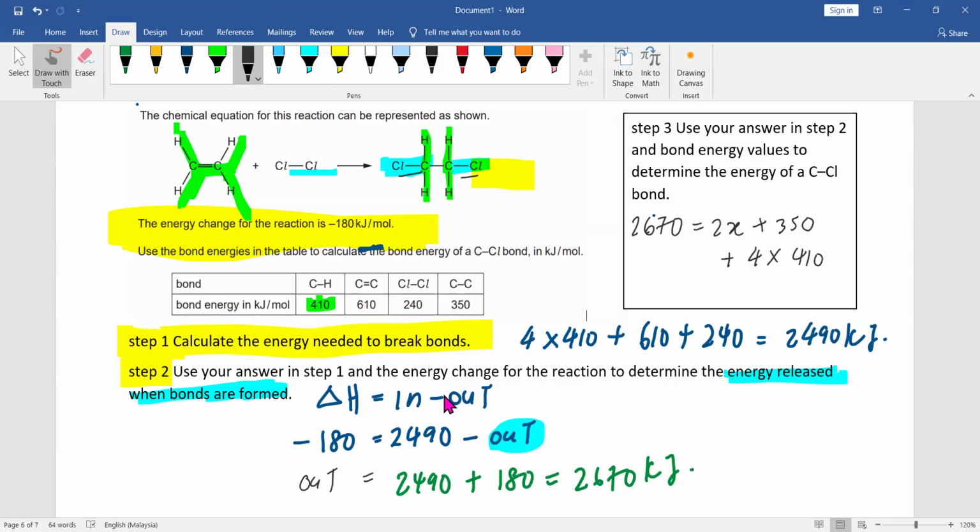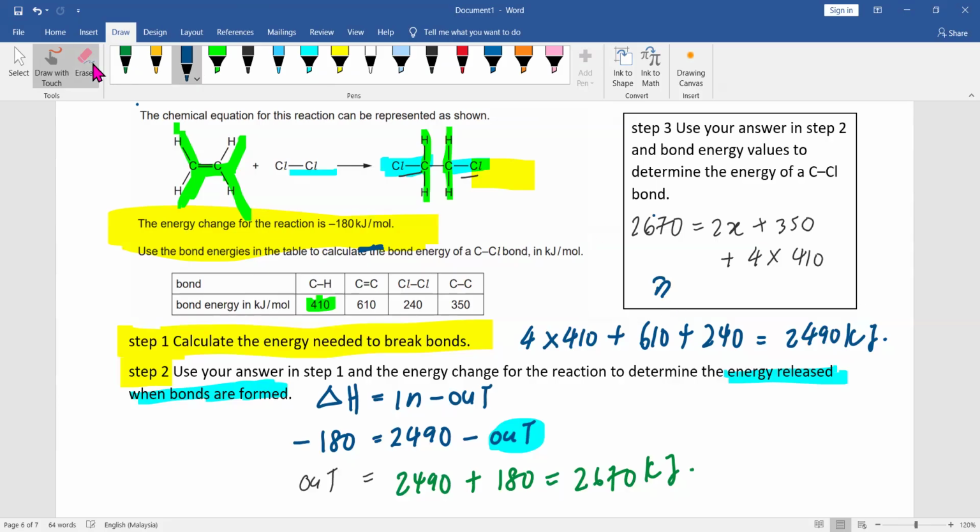Okay, so minus 340. Who got 340 just now? Anybody got 340?